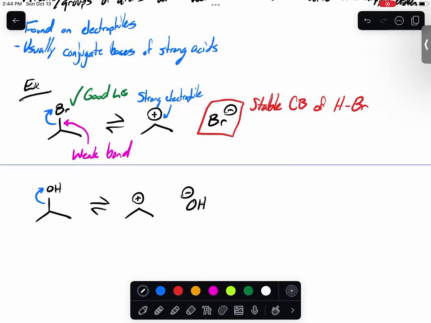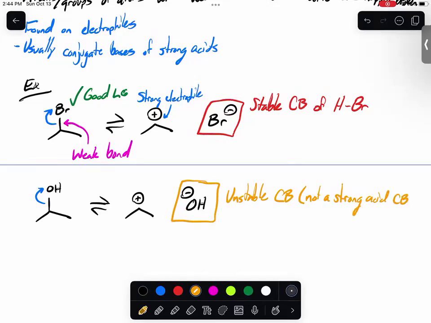And this is an unstable conjugate base, right? And the reason we say that is because it's not a strong acid conjugate base. So we would say that this is a generally bad leaving group, which we're abbreviating LG. That also tells us that the bond here is a strong bond.